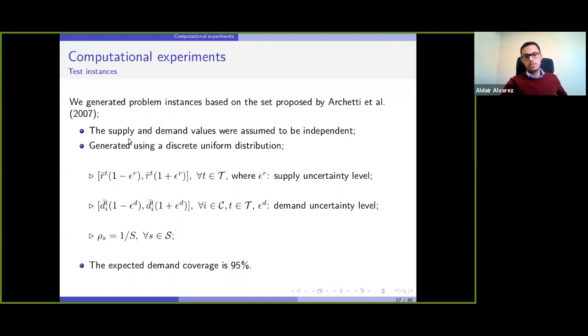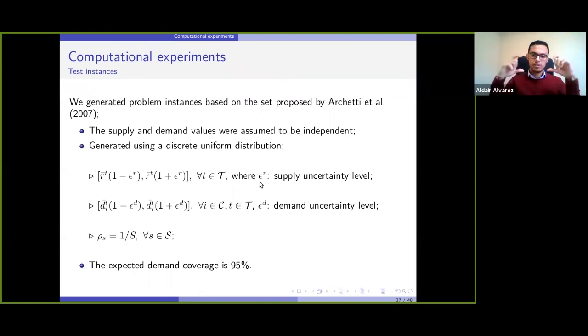And we assume that for the scenario generation, using a discrete uniform distribution, the supply and demand values come from these ranges. So for the supply, in which this R bar here is the nominal value from the instance, the values vary more or less plus and minus this value, which is given by this uncertainty level.